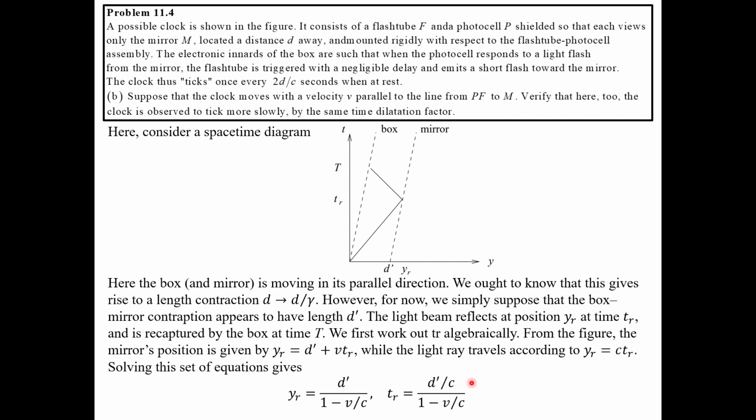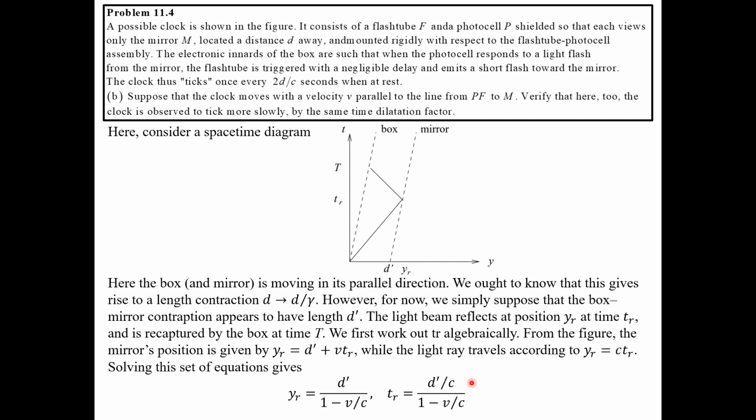Here, consider a space-time diagram as a graph. Here, the box is moving in its parallel direction. We ought to note that this gives rise to a length contraction d to d over gamma.